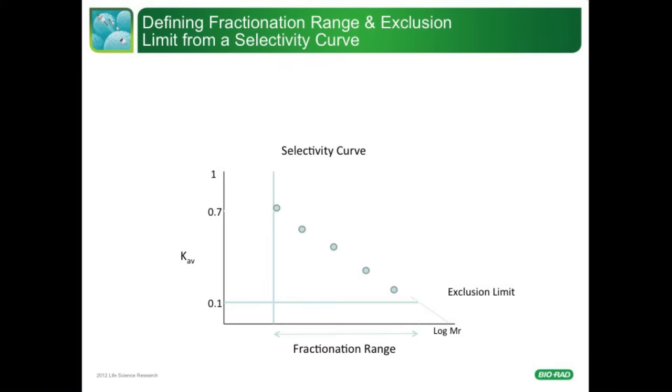Those molecules represent what's called the exclusion limit, which is less than 0.1 KAV, and those molecules cannot be separated from each other on a size exclusion column. Since they're excluded from going into the column and being separated from each other, you can determine the molecular weight above which biomolecules can no longer be separated.